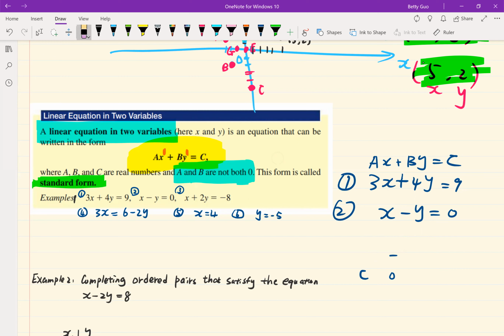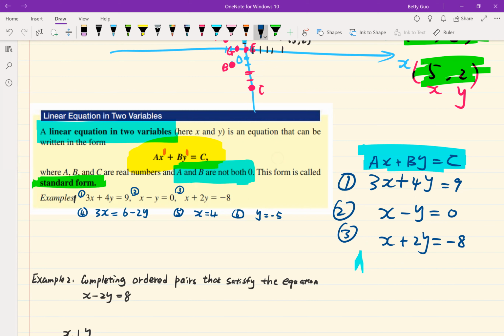Number 3, x plus 2y equals negative 8. Compare this equation with the standard form. You know, number 3 is also a linear equation in two variables, and it's in the standard form already.